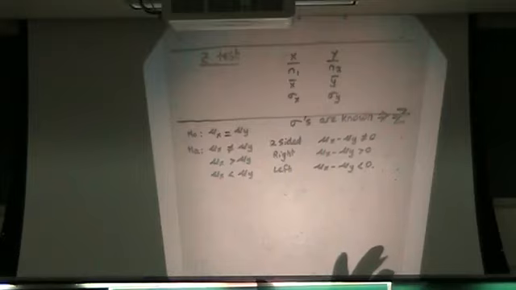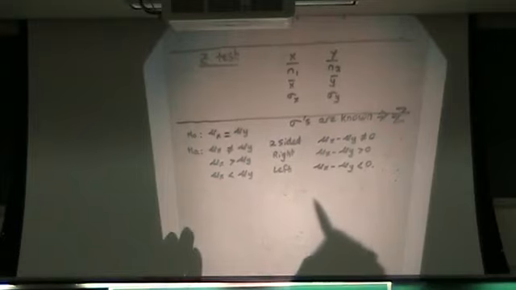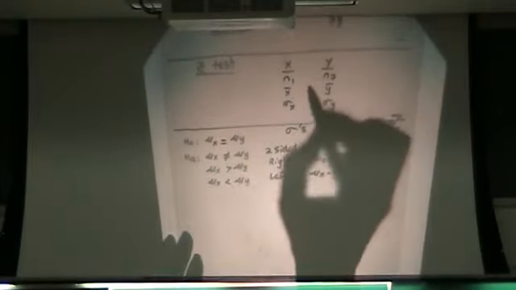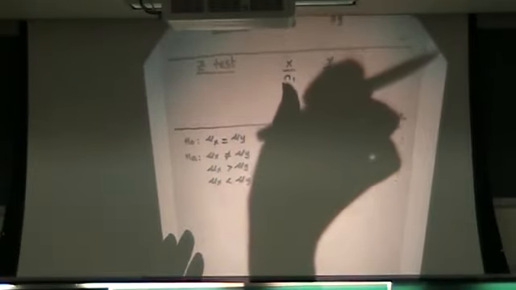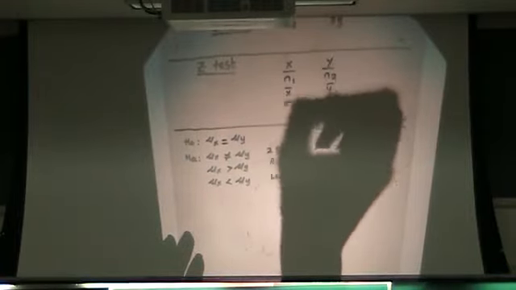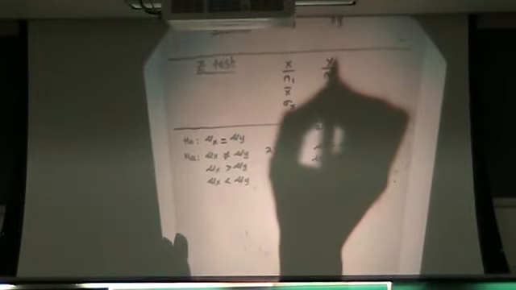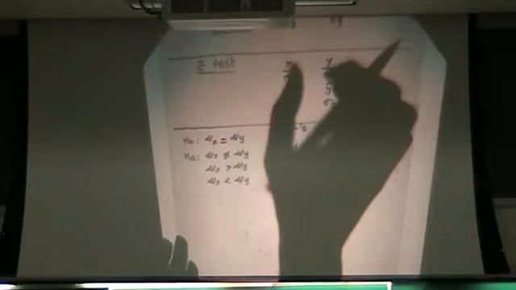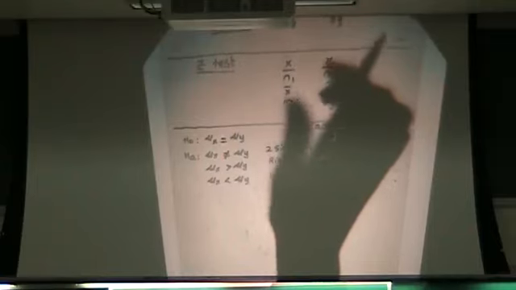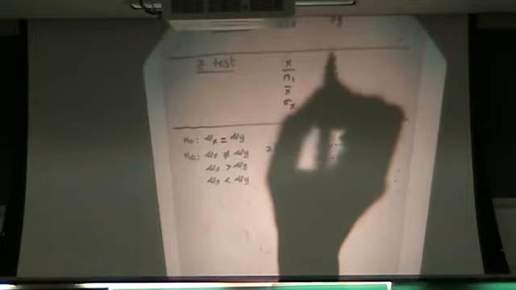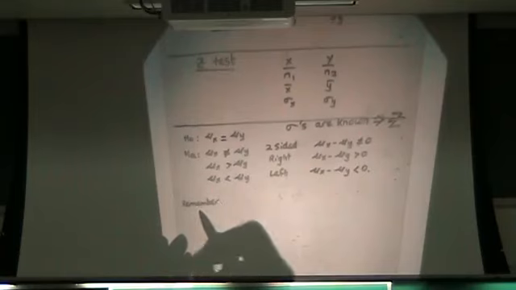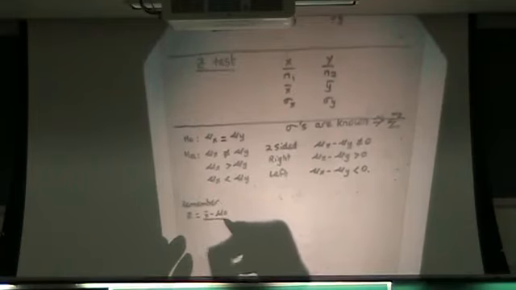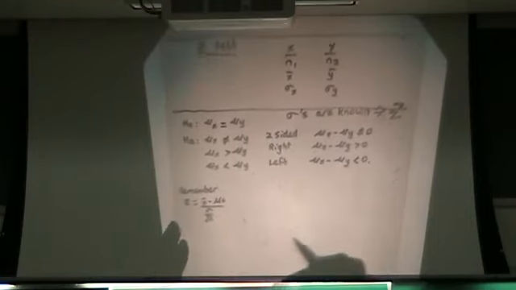To find the test statistic, I have to take the x bar minus the y bar that they're going to give me. You see these x bar and y bar? My job now for the test statistic is going to be to turn that into a z. Just like in the early days, wasn't I turning x bar to a z? Remember this formula? Z equals x bar minus mu naught over sigma over radical n. Remember that?